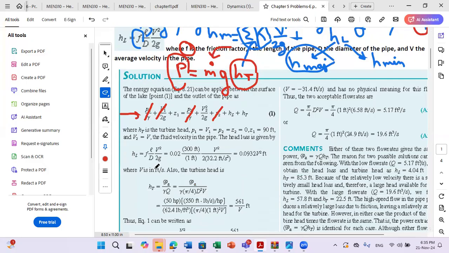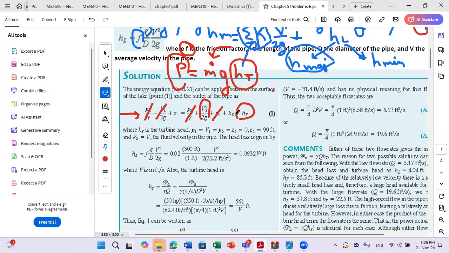When I replace, I have everything as a function. And I still need to determine the expression of ht and also my velocity v2.